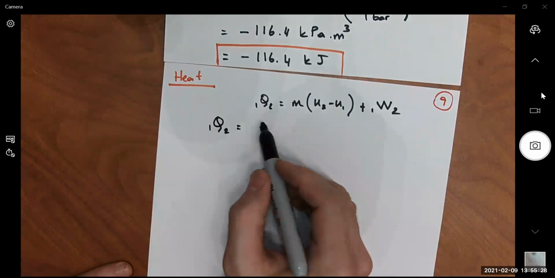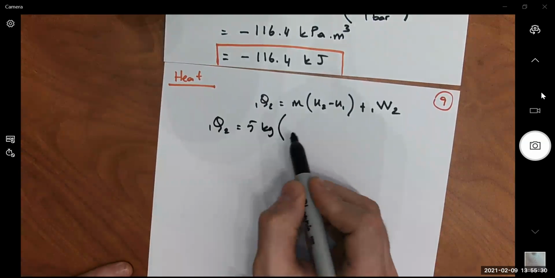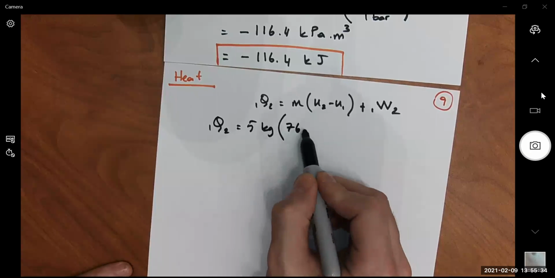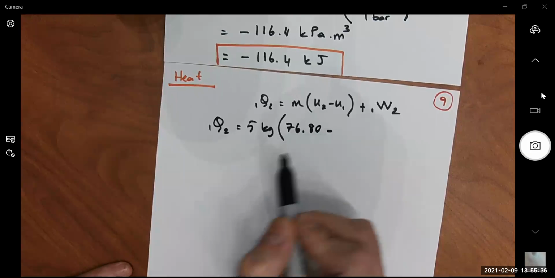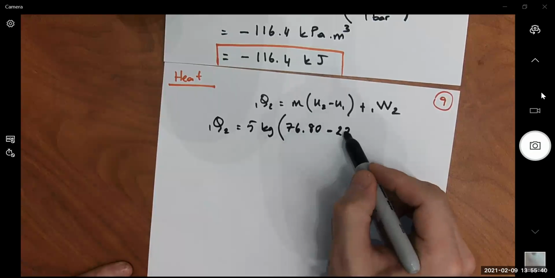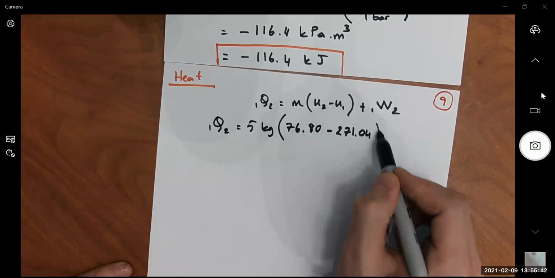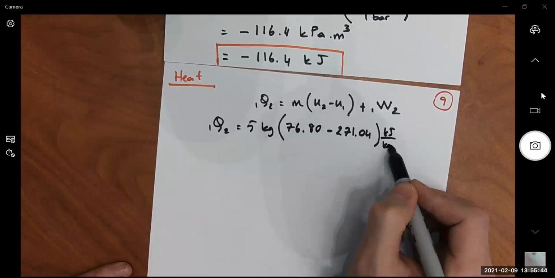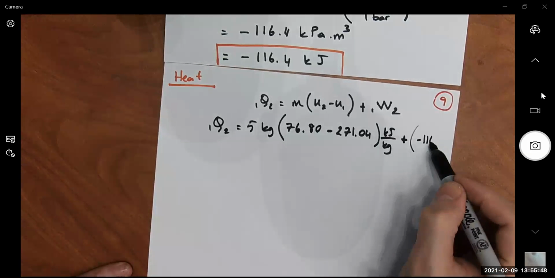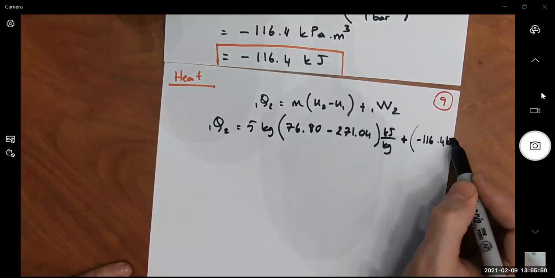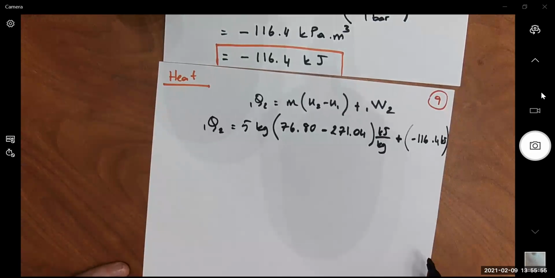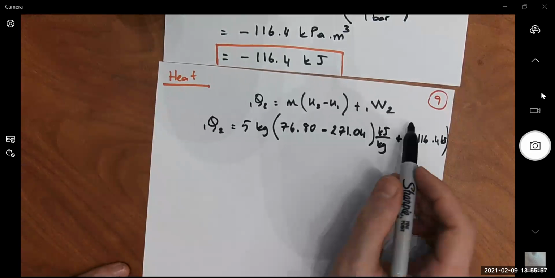I know my M, 5 kilograms. U2 is 76.80 kilojoules per kilogram. U1 is 271.04 kilojoules per kilogram. Plus minus 116.4 kilojoules, which is the work we just calculated.